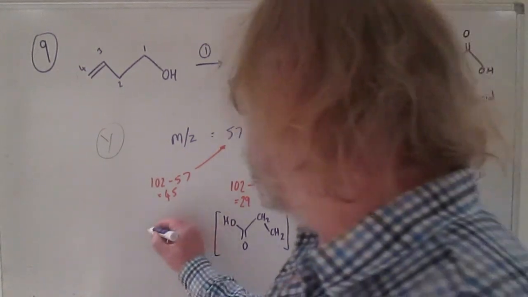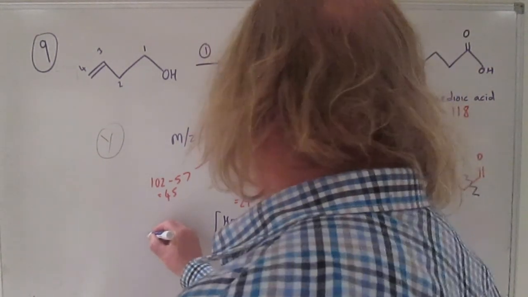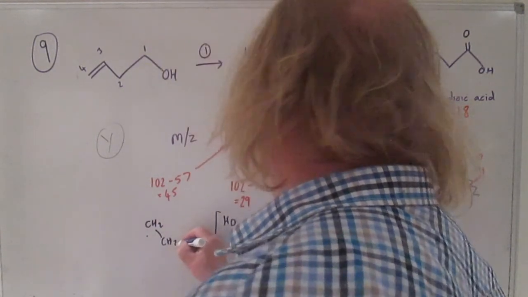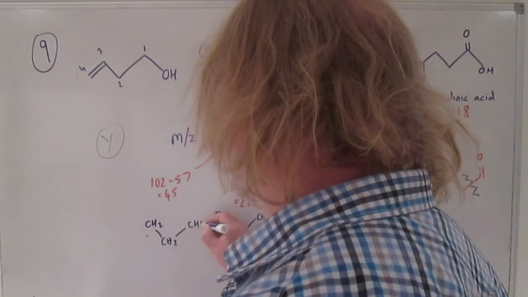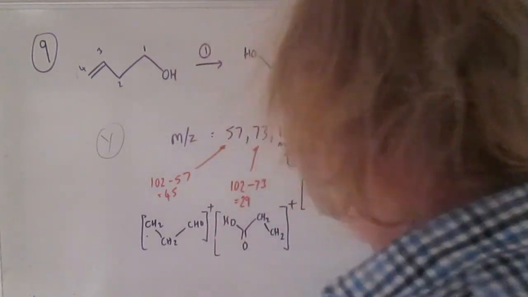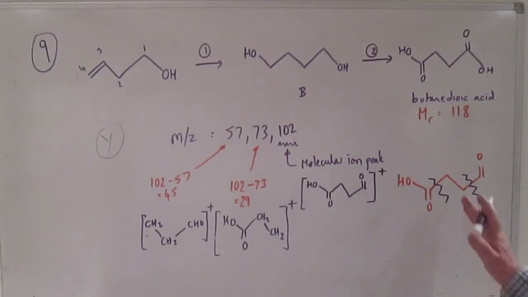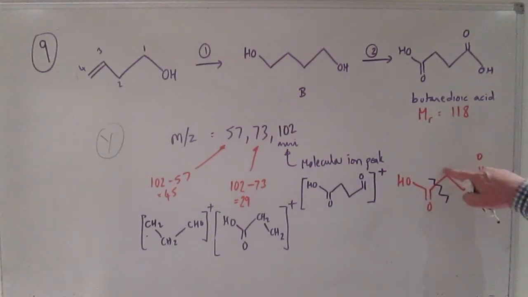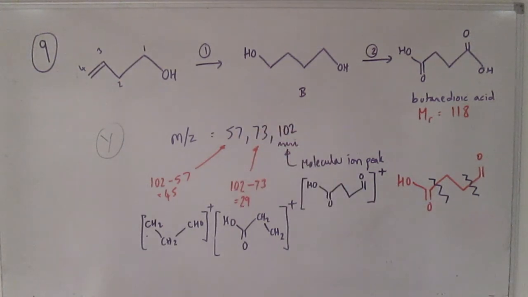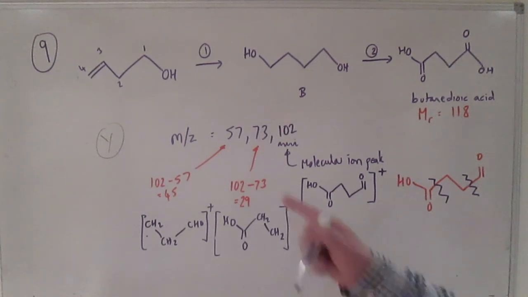So that would be CH2, CH2, CHO, plus. If we're just chopping off the COOH but leaving the rest, we have CH2, CH2, CHO, and that does indeed add up to 57.